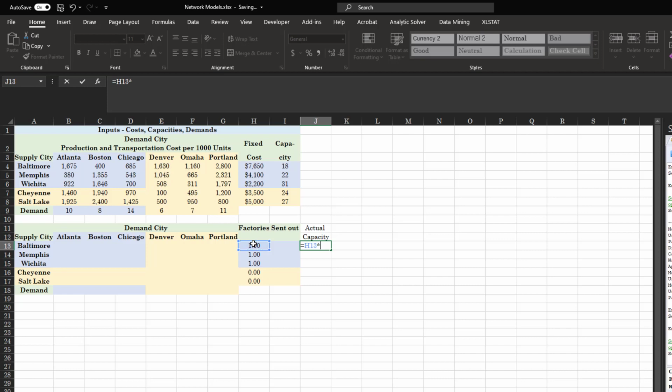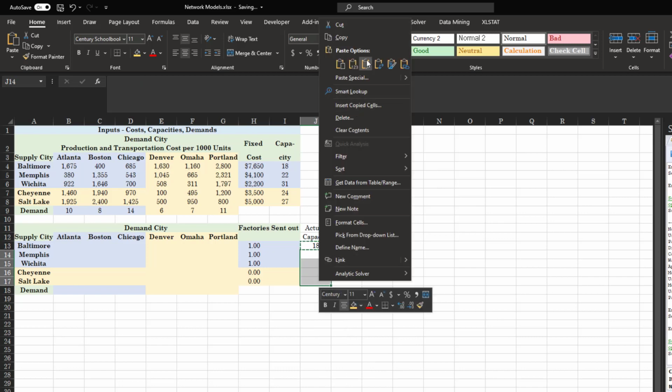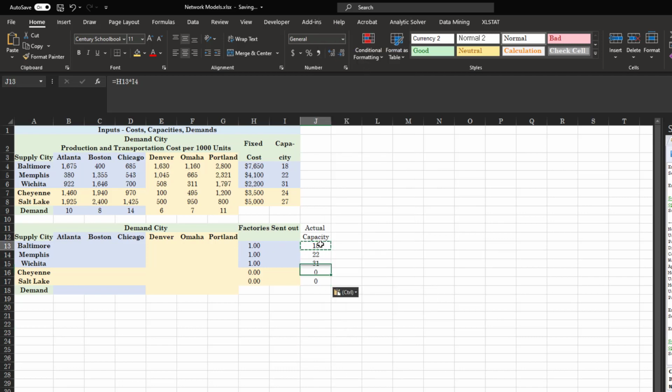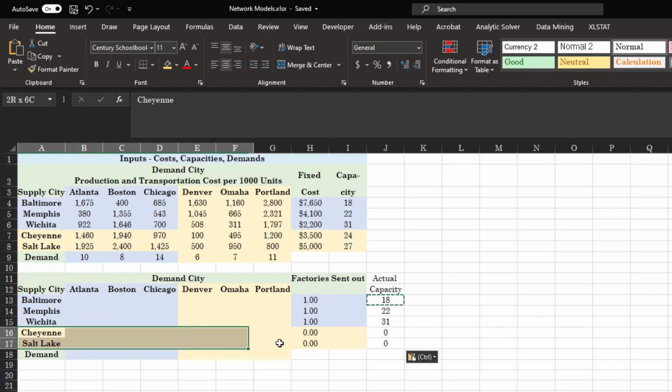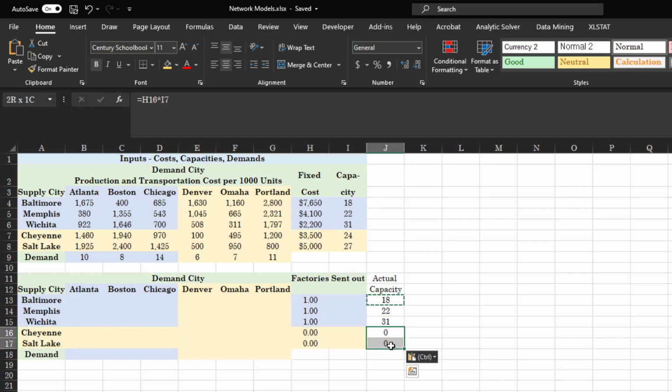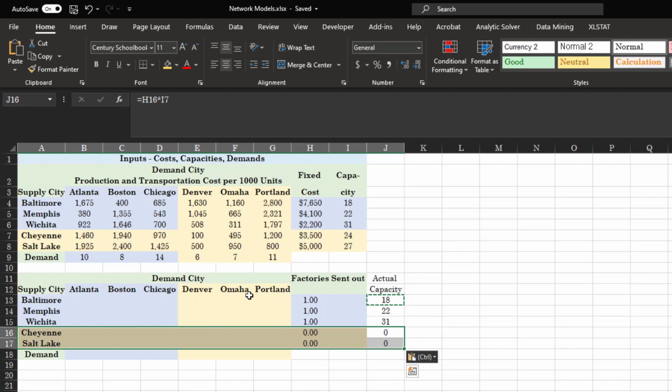What is sent out here is this multiplied by your capacity, right? And the reason we are doing this is that we know that High Optic, not Telecom One, actually has these factories. So we don't have to decide whether we're going to build them or not. We know we have them, right? So the capacity is 18 and 22 and 31. We're not looking at High Optic, so this is essentially 0, okay?